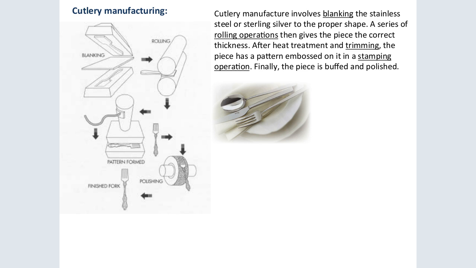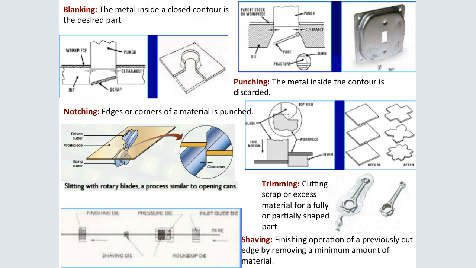Finally, the piece is buffed and polished. So you can see things like now the blanking is able to make now tools like spoons, forks, and so many other things. And this one now you can see the polishing is done here, and then even the final piece is there.